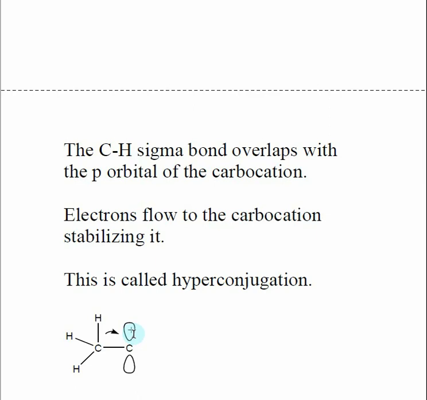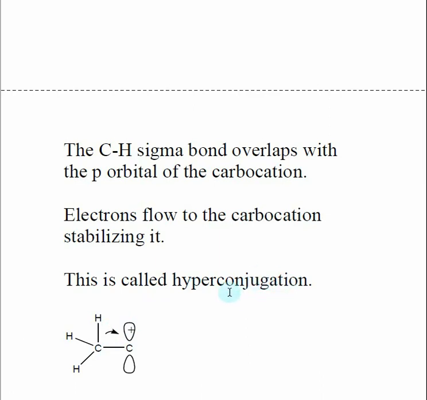So this is why carbocations are stabilized by having alkyl groups adjacent to them. The sigma bonds that are involved in alkyl groups can donate electron density into the p orbital, and what that does is it stabilizes the p orbital, and this process is called hyperconjugation.